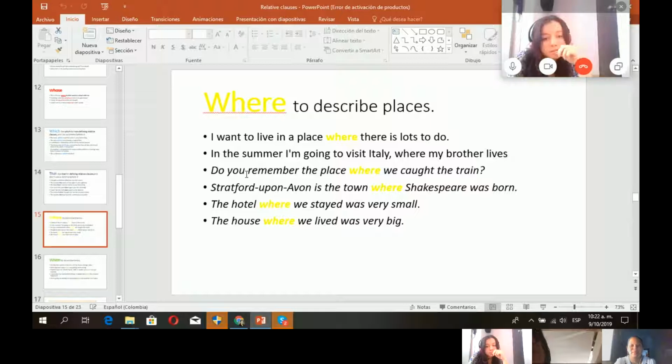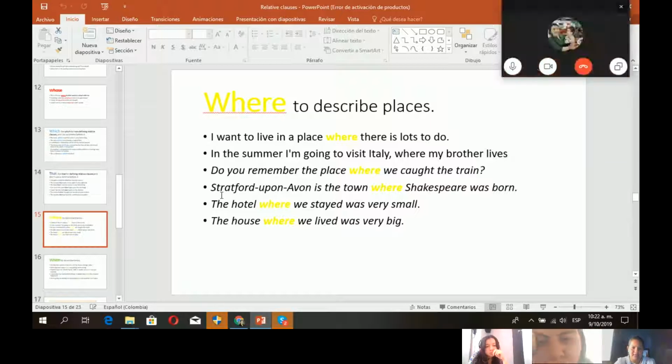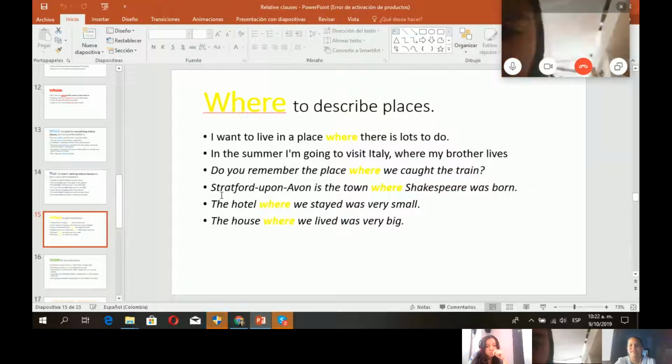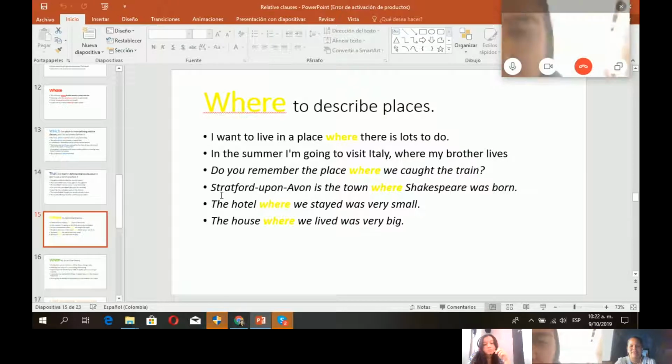Maria, Stratford-upon-Avon is the town where Shakespeare was born.